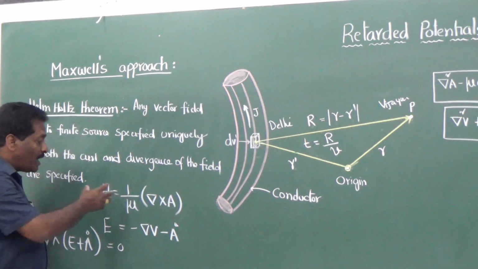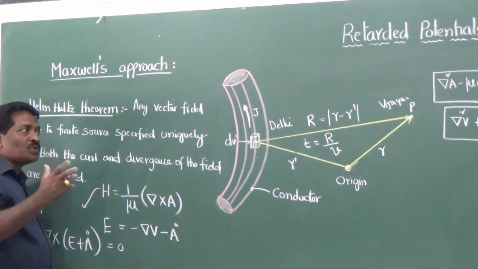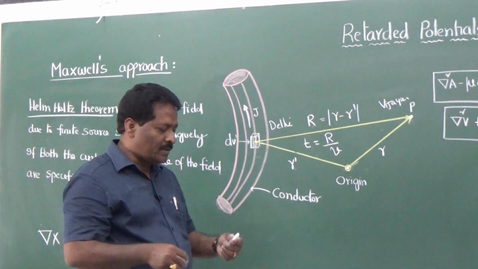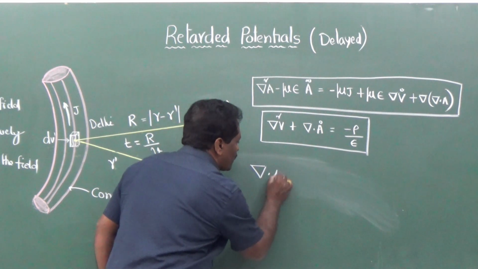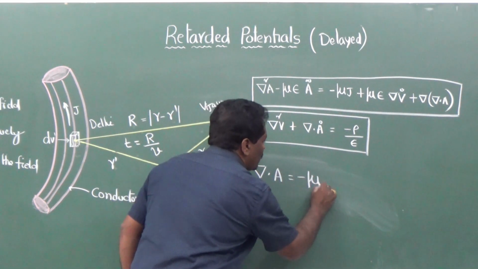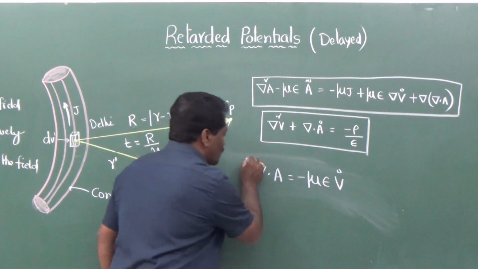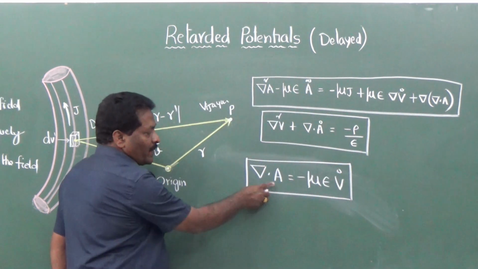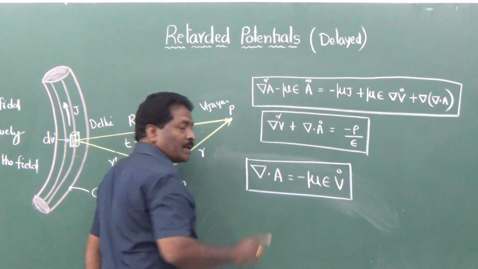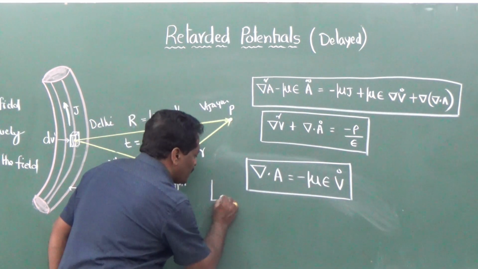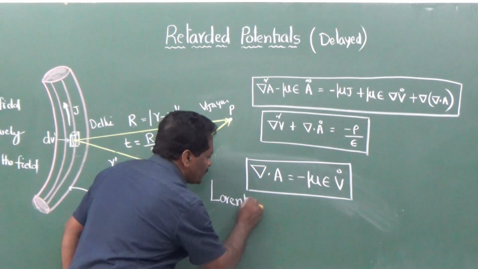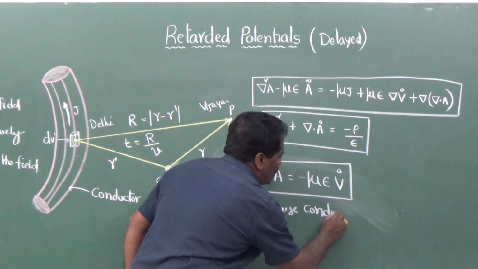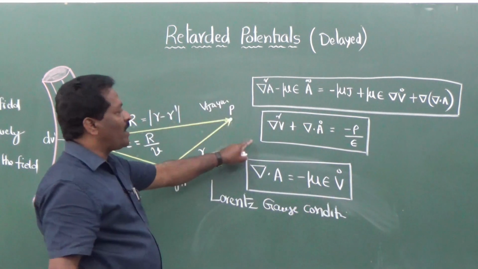In order to achieve this condition, we should make a small approximation that is called the Lorentz Gauge condition: del dot of A is equal to minus mu epsilon into V dot. This equation gives the relation between vector magnetic potential and scalar magnetic potential. Using this Lorentz Gauge condition, we can write the above differential equations in the simplest format.